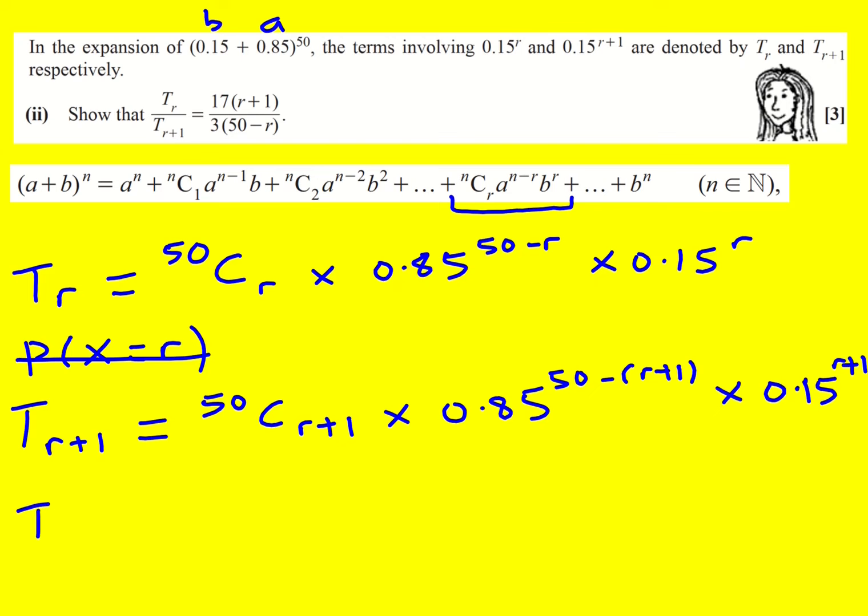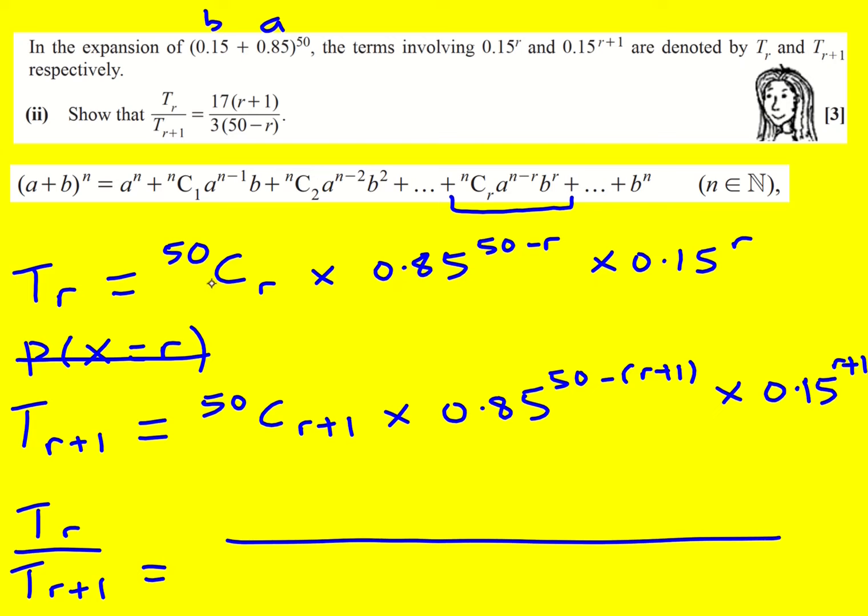That means that T_R divided by T_(R+1) is going to equal... Now, first things first, we need to write this down in a more sensible form. I think this is given in the formula book, but it's actually 50 factorial over, this is what the NCR function is, R factorial, 50 minus R factorial.